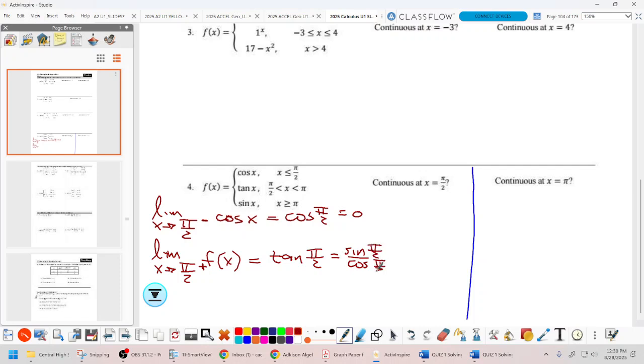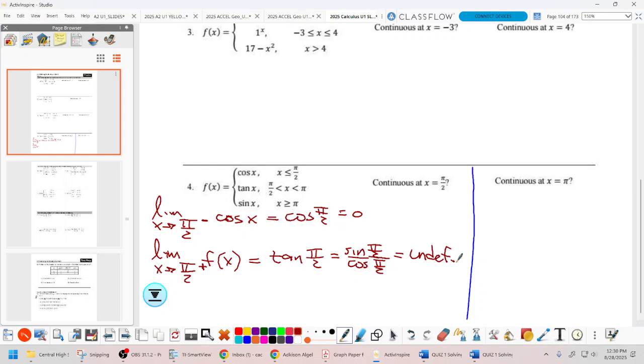What happens with that one? Pi over 0. So it's undefined, right? Okay. Well, is that continuous there? No. So we don't need to go on and check the function's value, but in fact we kind of did anyway. But we don't need to if it's not going to be equal on both sides of our limit.